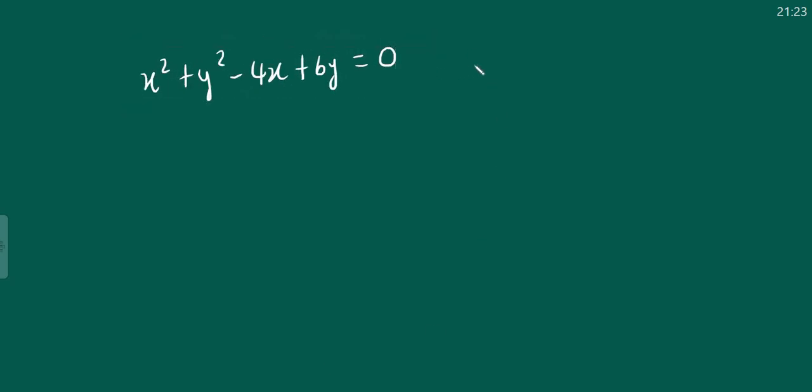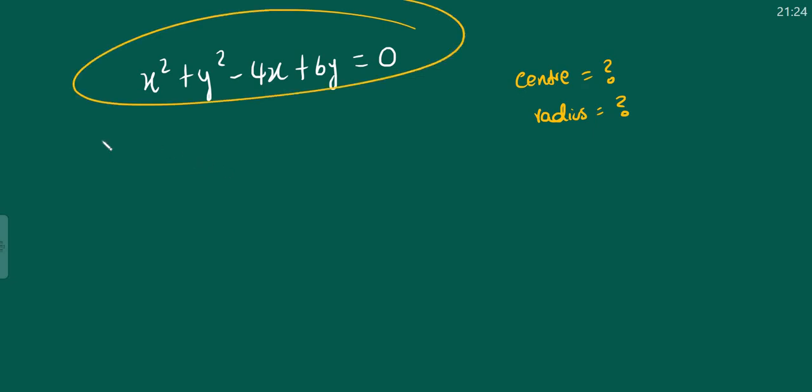Can you be able to find the center and the radius? Can you be able to turn it into this form? (x minus a) all squared plus (y minus b) all squared. Do you still remember how to do that?